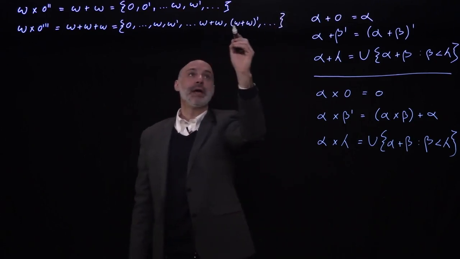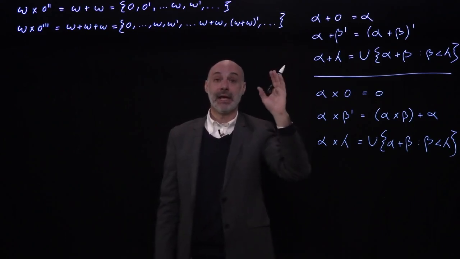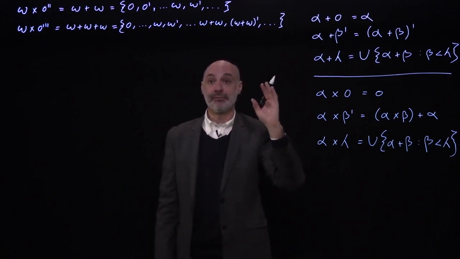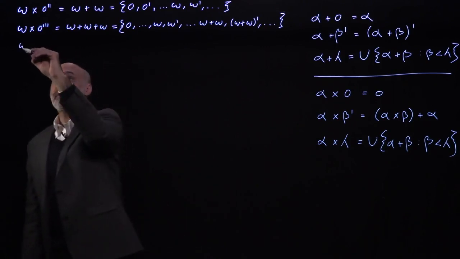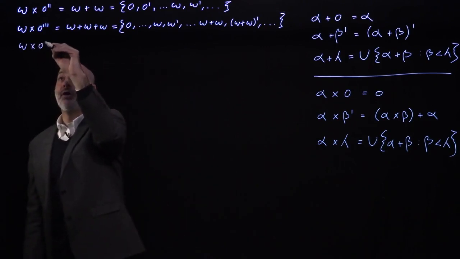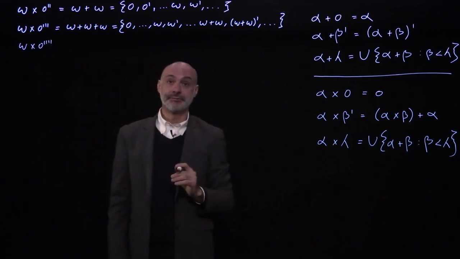So omega plus omega, omega plus omega prime, double prime, and so forth, again for finitely many primes. And we could do the same for omega times 4, and 5 and 6, and so forth.